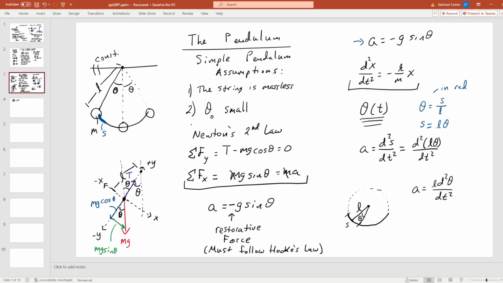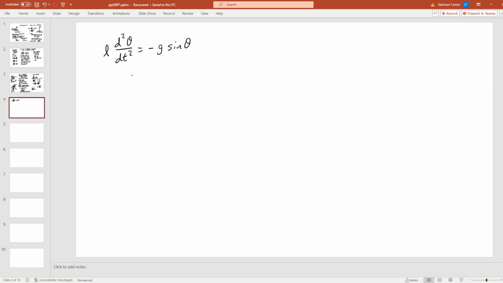This is where we're going to employ the second of our assumptions, that the initial angle of displacement is small. And what we're going to do with that is we're going to apply what we call the small angle approximation.